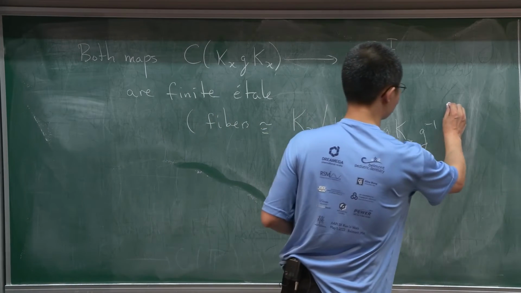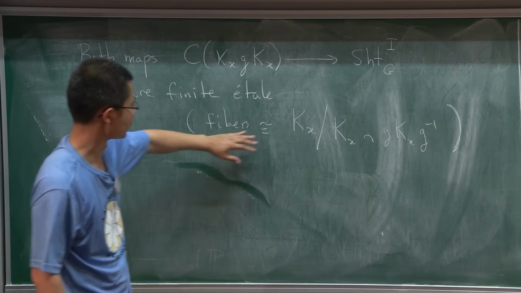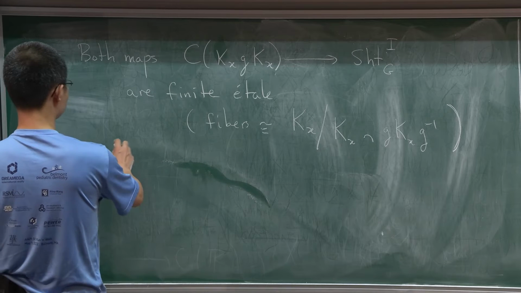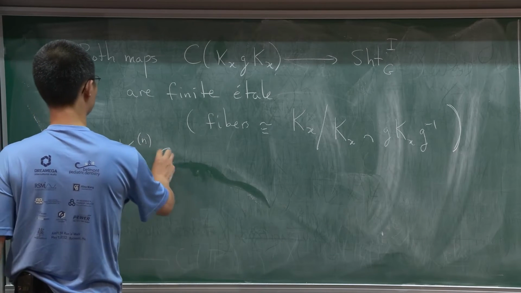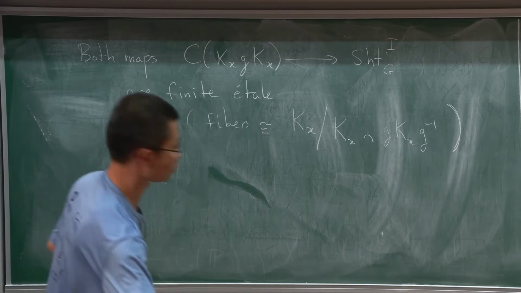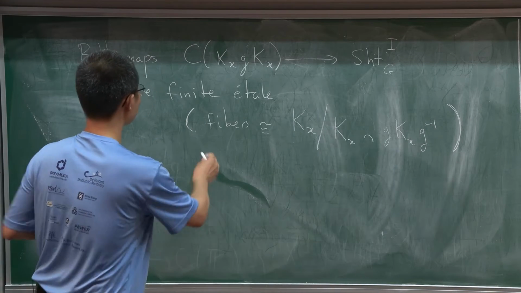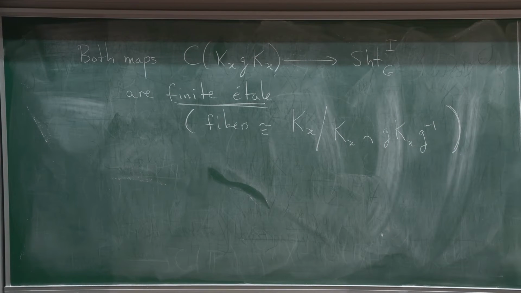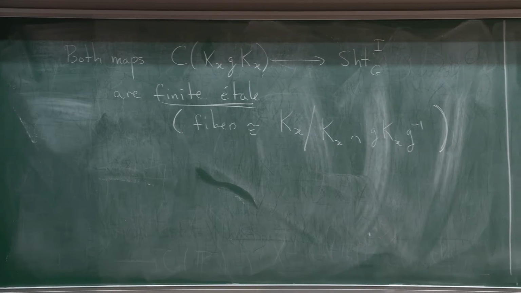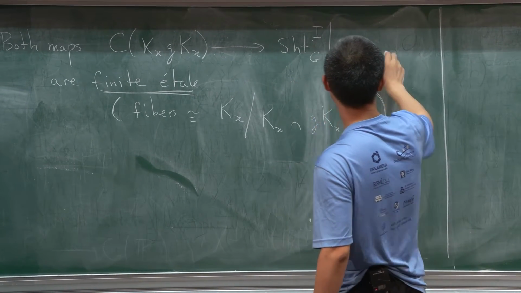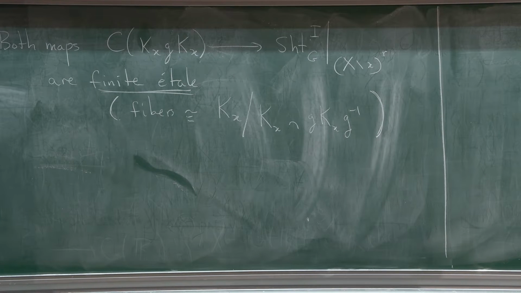But again, there is more structure to the fibers, in the case of principal congruence subgroup. Let me not talk about principal congruence subgroup. But the key point is the map is finite étale. So when we pull back sheaves, it behaves well. Sorry, not finite étale everywhere, but I have to restrict. Restricted to here, it's finite étale.